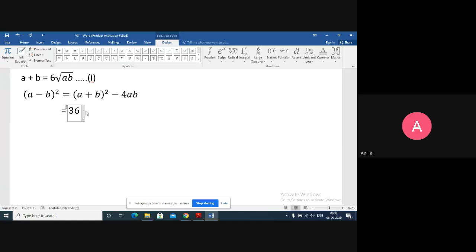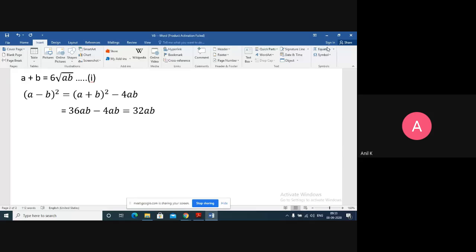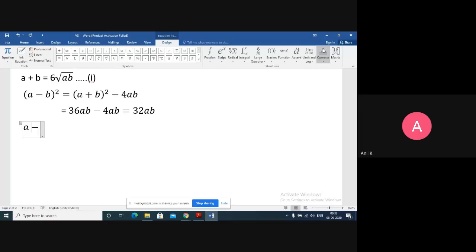Square of under root AB is going to be simply AB, minus 4AB, which is equals to, I think I'll get 32AB. So you have A minus B whole square value as 32AB. So if I want A minus B, means A minus B is equals to, you will get under root 32AB.